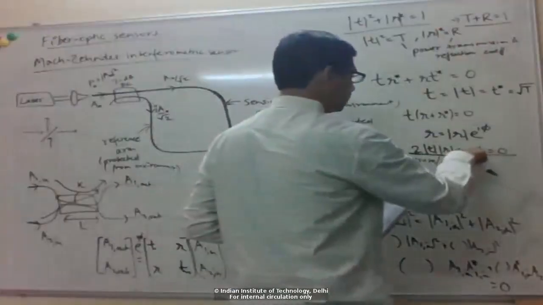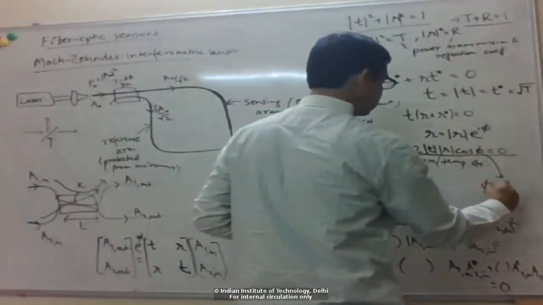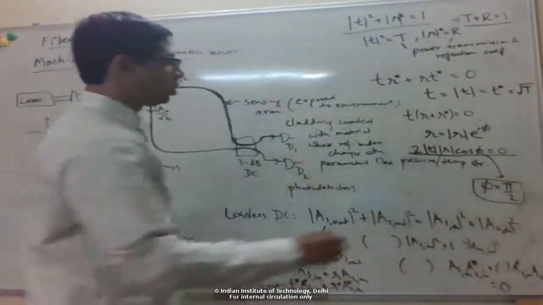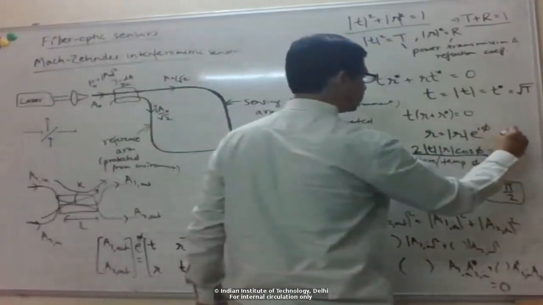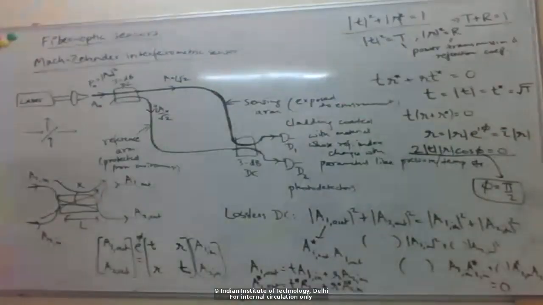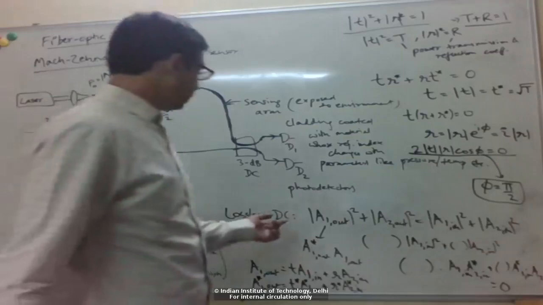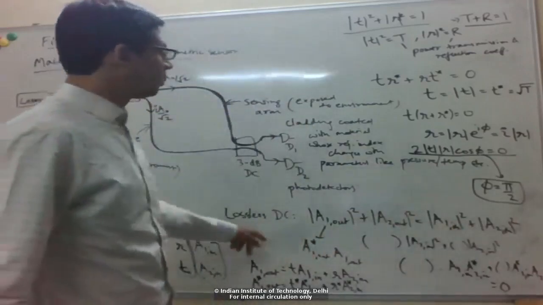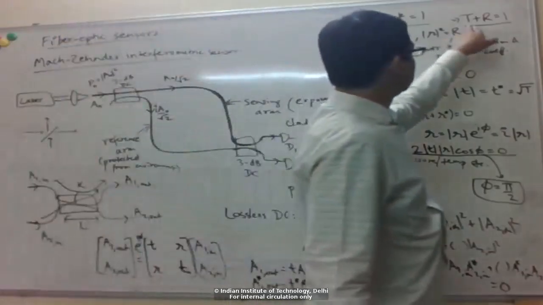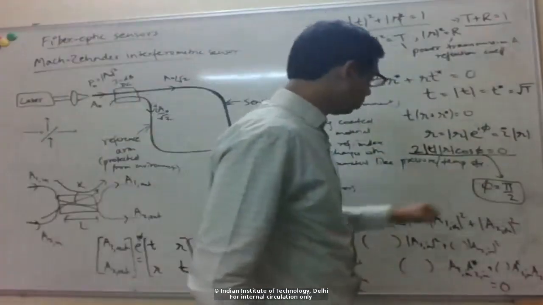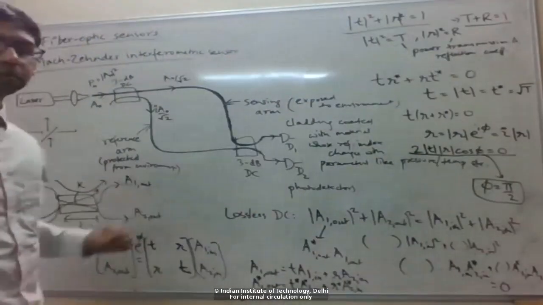For this to be 0, the angle here has to be pi by 2, so this becomes i times mod of R. Starting from this energy conservation condition for a lossless directional coupler, we get that the transmission and reflection coefficients should add up to 1, but also that there is a phase shift of pi by 2 between the reflected and transmitted arm.